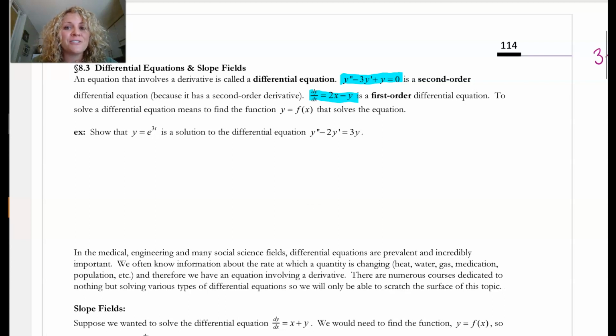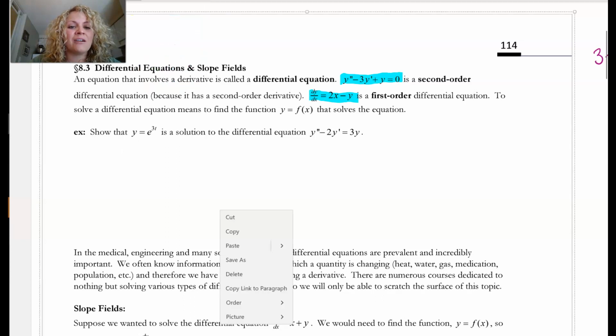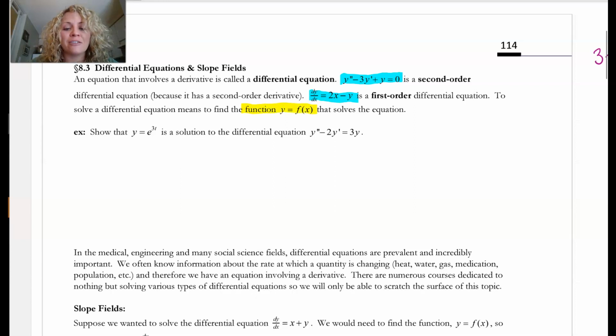So let's look at this first example. We are given that y equals e to the power of 3t. We're told that that is a solution to the differential equation y double prime minus 2y prime equals 3y. Something I didn't stress a moment ago is that when we solve a differential equation, we're actually going to get a function.